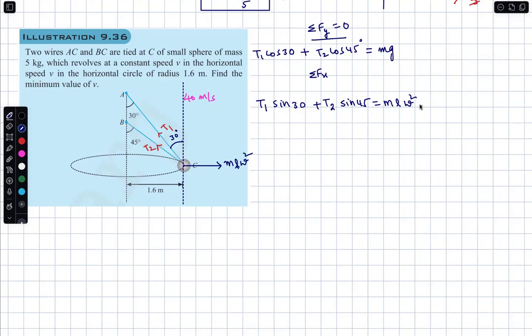What are the unknowns? T1 and T2 are unknown. Since they want the velocity term, I can write this as mv square by r, or mv square by L, also.